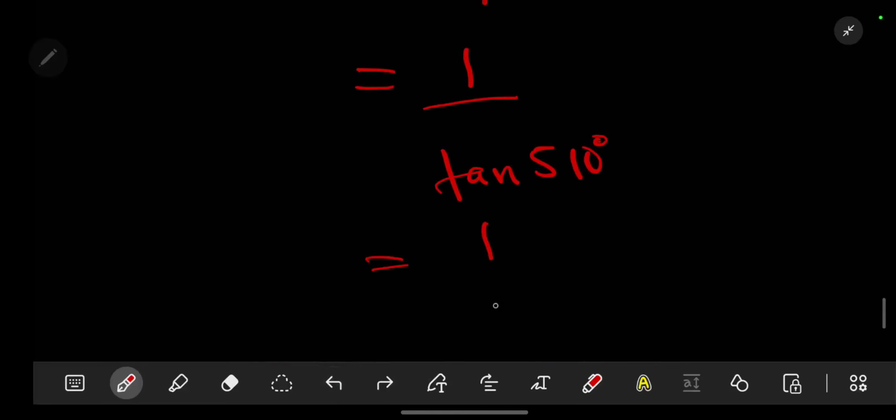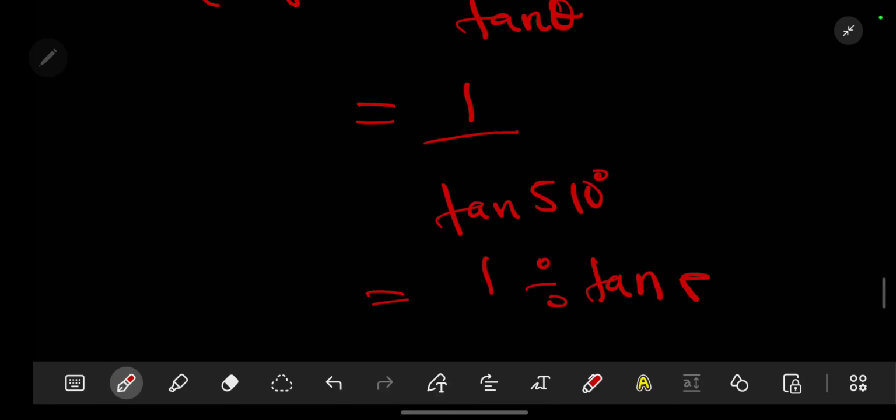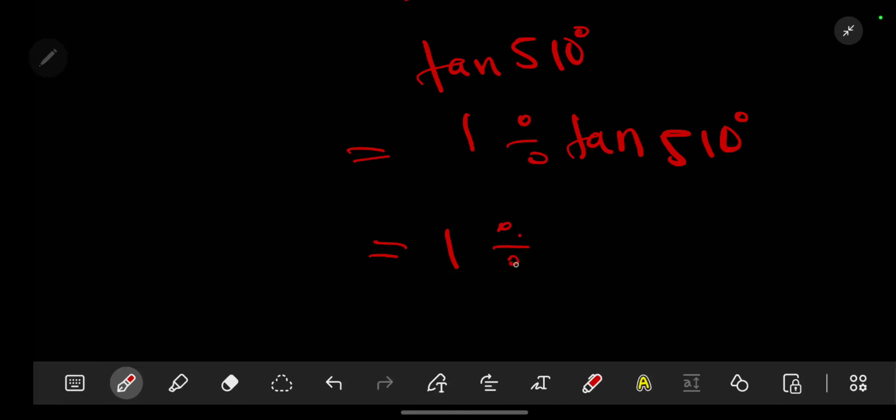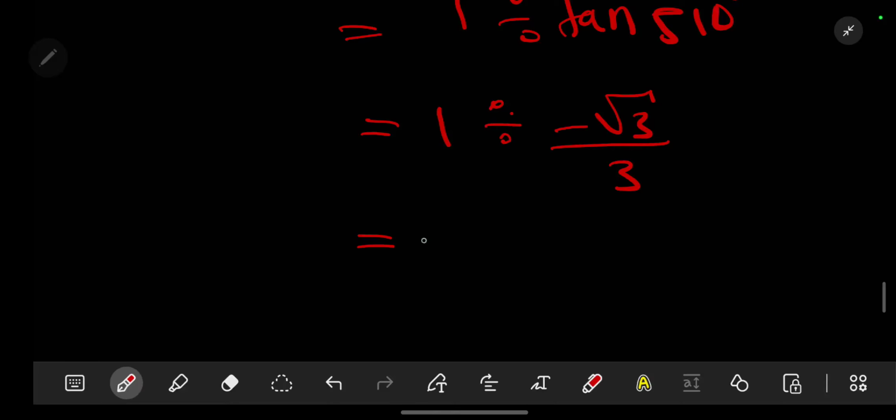So we can just divide by our tan of 510 degrees. So this gives us a value that will be equivalent to 1 divided by our negative root of 3 over 3. So this gives us 1 times the 3 over negative root of 3.